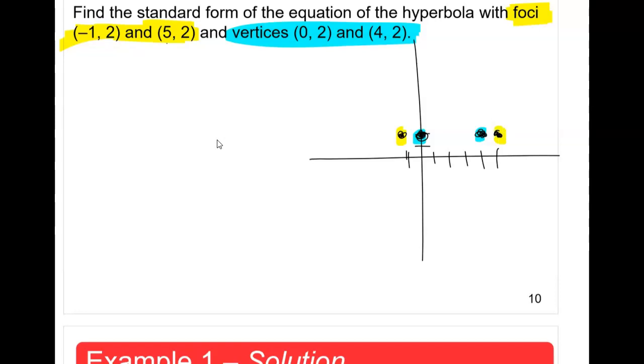Okay, so let's find the center. We have to find the center first. The center could be found by calculating the midpoint of either the vertices or the foci, since we have both. So you have options, right? So let's just work with the vertices.